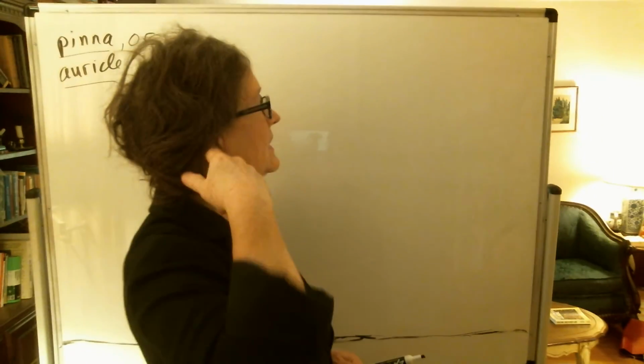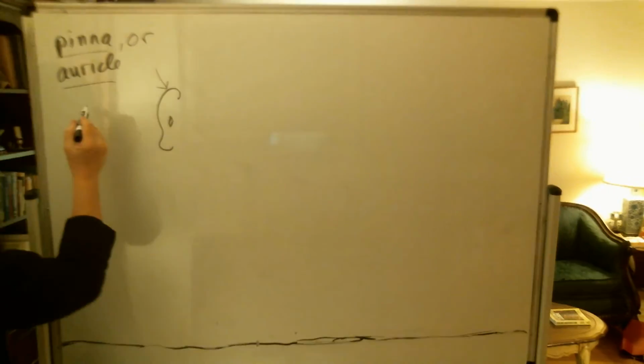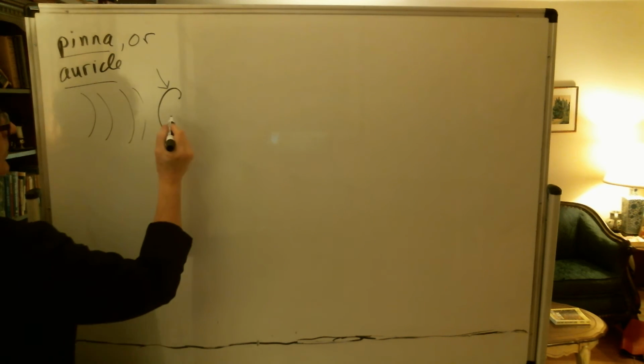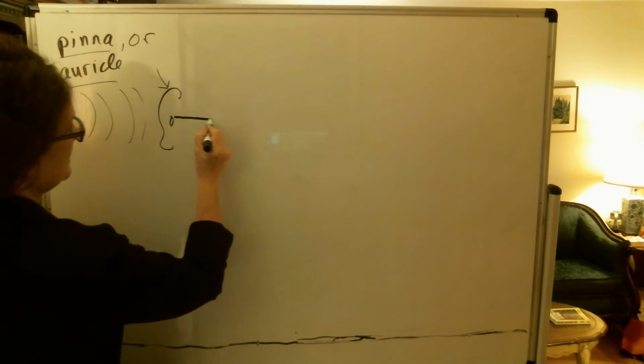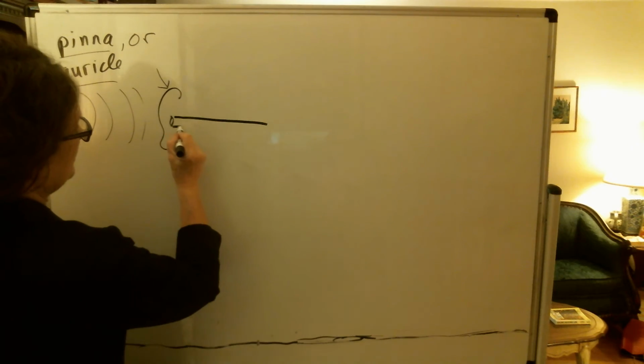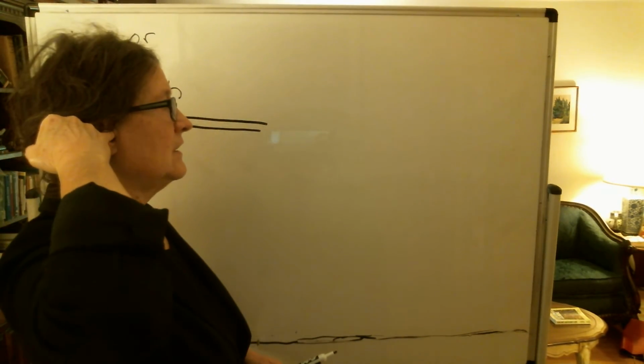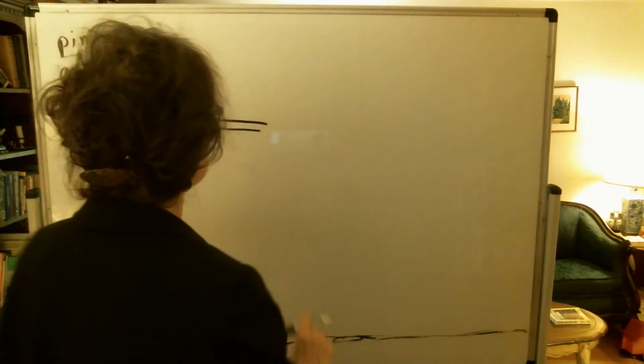So there is the pinna or auricle. And the pinna then winds up directing sound. So we have sound waves here that are hitting the pinna, and the pinna then directs these sound waves, and this is not to scale, into that long canal in your skull that starts right there.